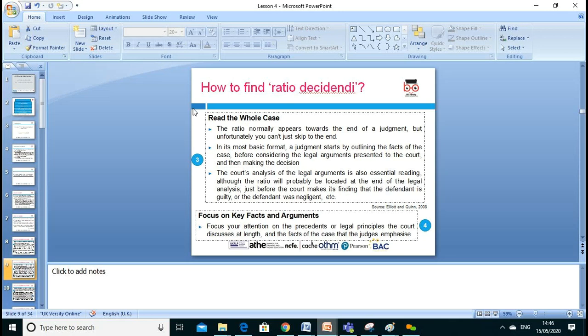The focus is the key facts and the arguments. Pay attention to the precedents or the legal principles the court discusses at length, and the facts of the case the judge emphasises.